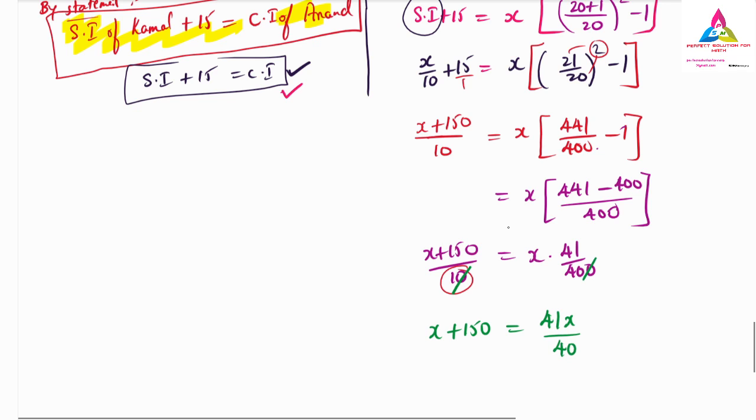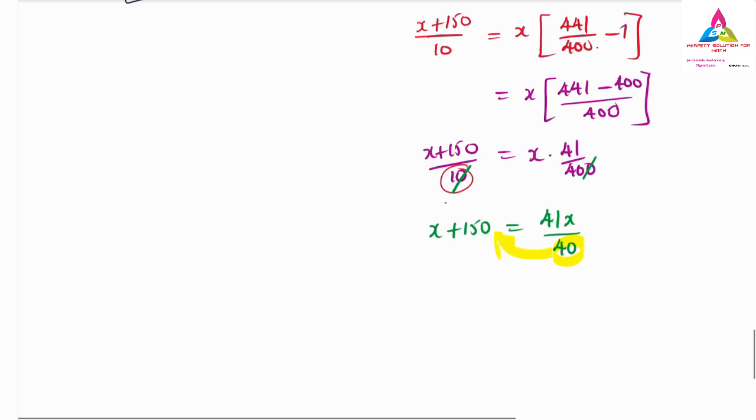Now this 40 we have to bring to the left hand side. When you bring the 40 to the left hand side, we have to multiply it with both terms, and that is equal to 41x.